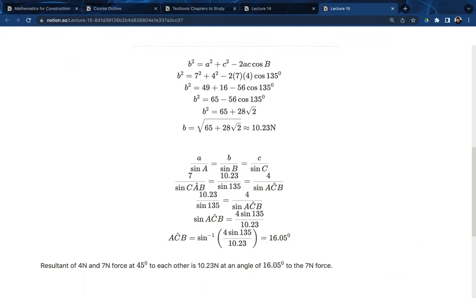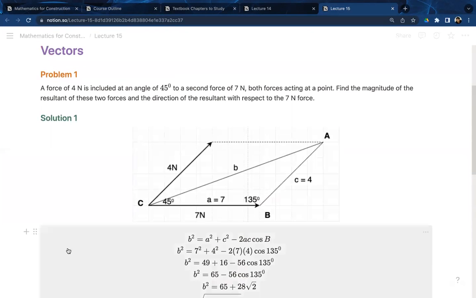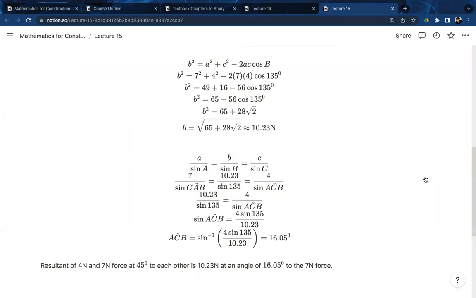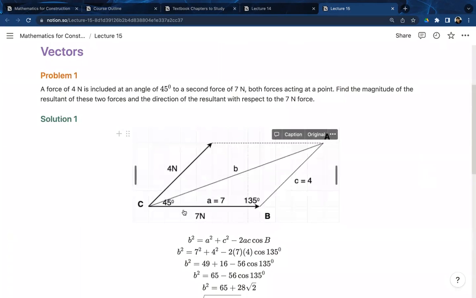Right? So with 4 and 7, you might say, okay, I have a 4 Newton force and a 7 Newton force, so you just add 4 and 7 and say 4 plus 7 is 11. But 4 plus 7 is not 11 if 4 and 7 are vectors. If they act at an angle to each other, you have to take that angle into consideration, and then you use the parallelogram law or triangular geometry to add those lengths together.